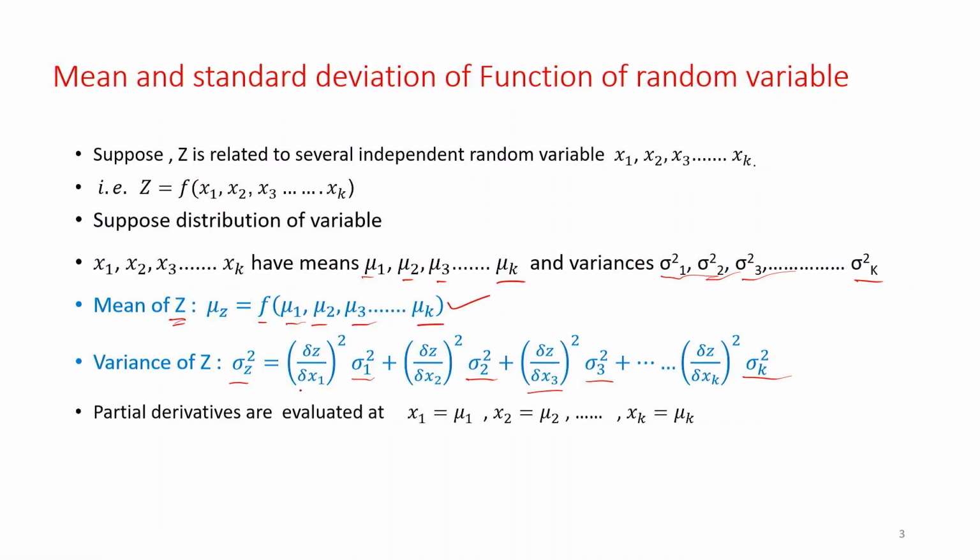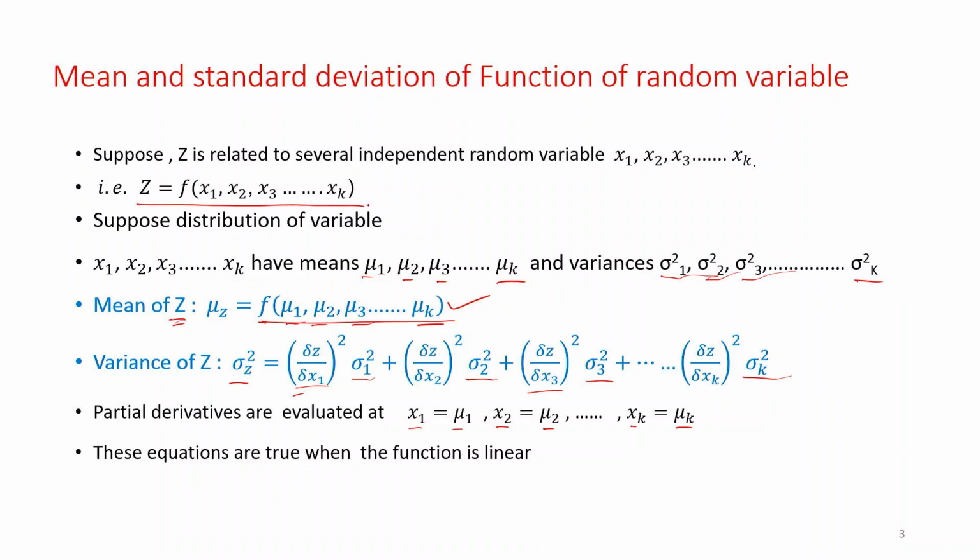Now these are basically partial derivatives, del z by del x1, del z by del x2. These partial derivatives are evaluated at x1 equal to mu1, x2 equal to mu2, xk equal to mu k. These equations are true when the function is linear. So when this z is a linear function, only then will this be applicable.